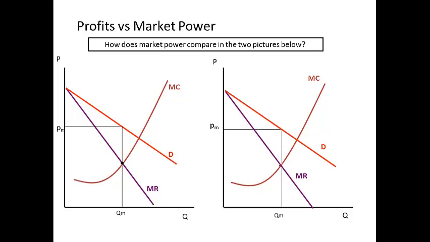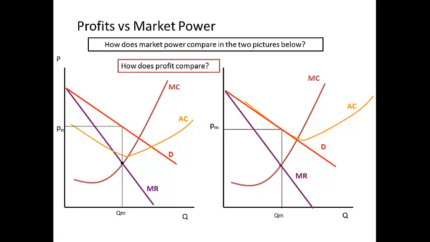But we can ask the question, what about profit? How does profit compare? And for that, we actually didn't have enough information until we put in the average cost curves. And the diagram on the left has an average cost curve that, at the monopoly quantity, average cost is here.